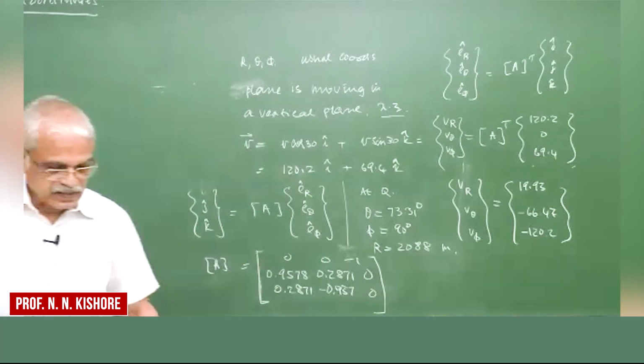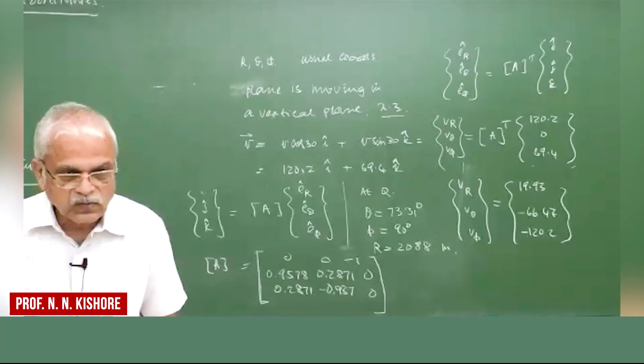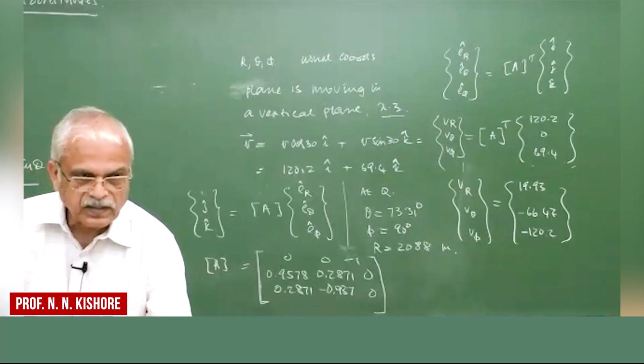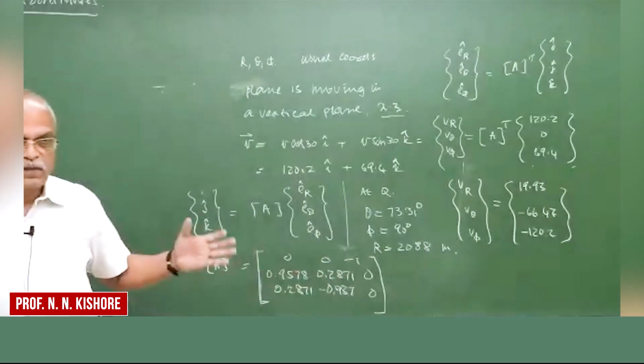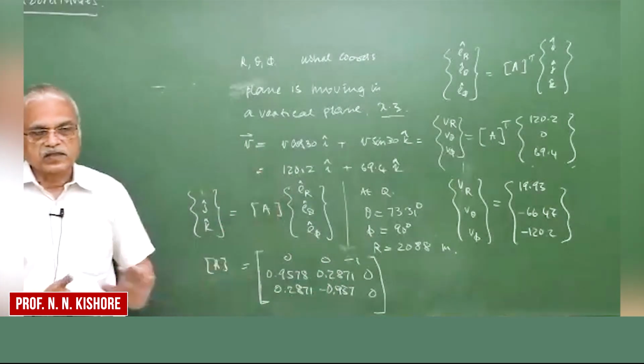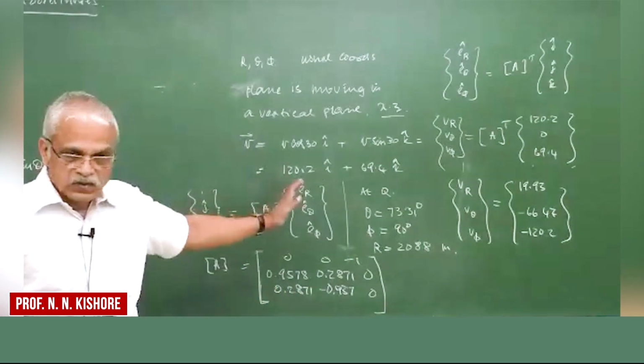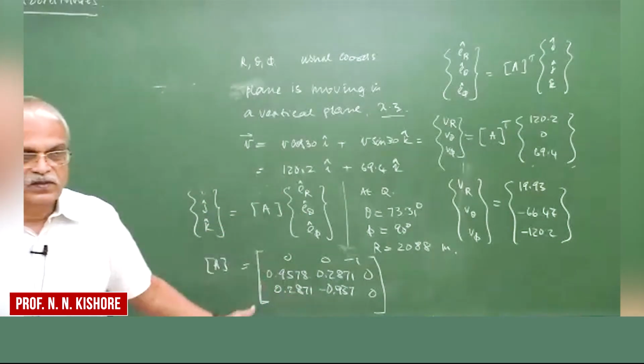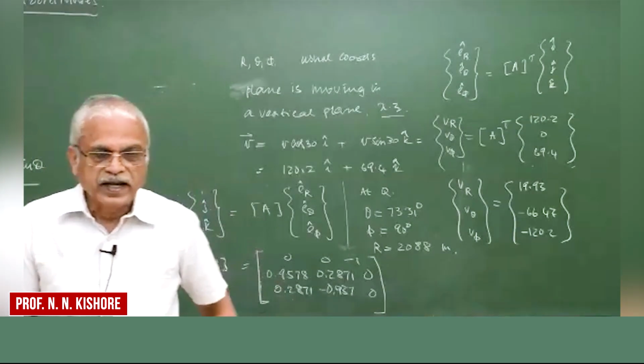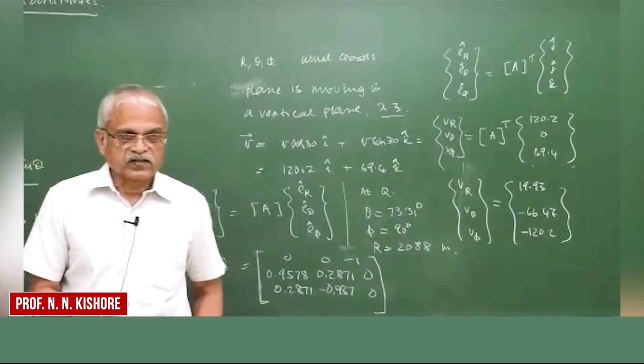Okay, I think I'll leave it here. Please do all these things. These are a little long expressions, but once you understand how the transformations take place, you should be able to transform and analyze the motion in spherical coordinates.